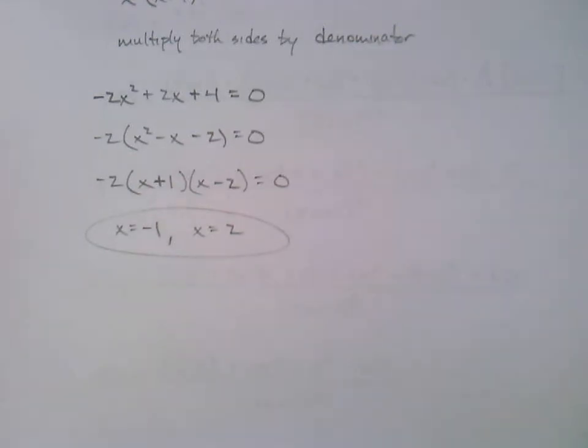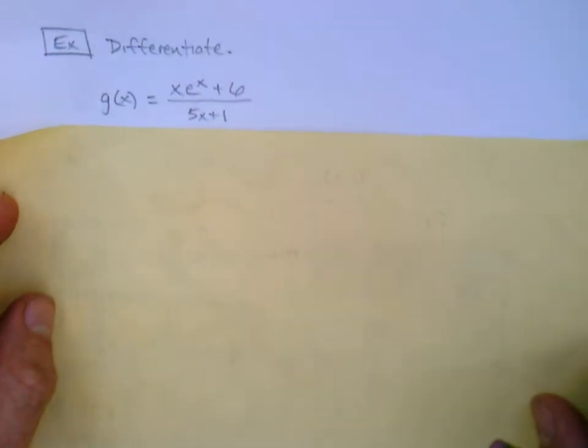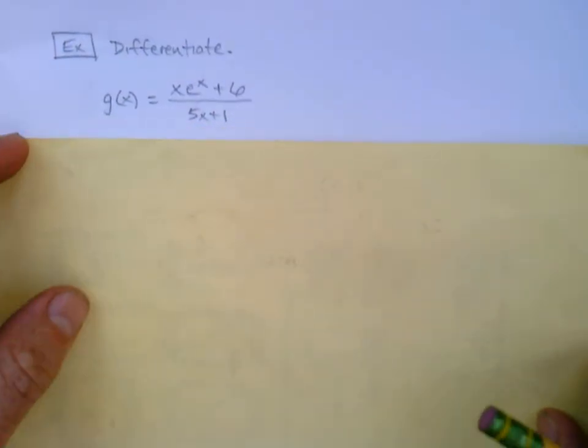Okay. We've got one more example. These last two are really the big finale. This last one in particular. Not that it's like super hard. It's just a good problem, okay?